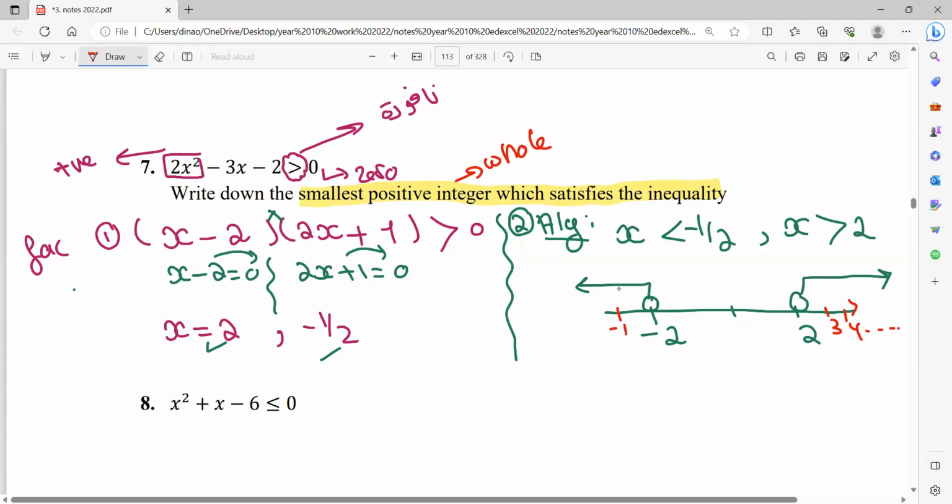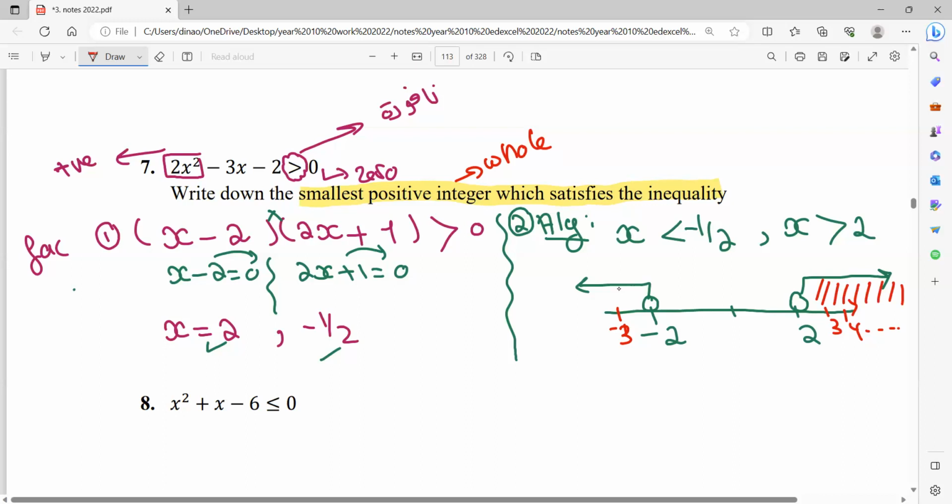And -1, this is a disaster. -3, -4, and so on. So you, examiner, what do you require? I am required to find the smallest positive integer, meaning I am required to look at this part over here. Which is the smallest number? 2?